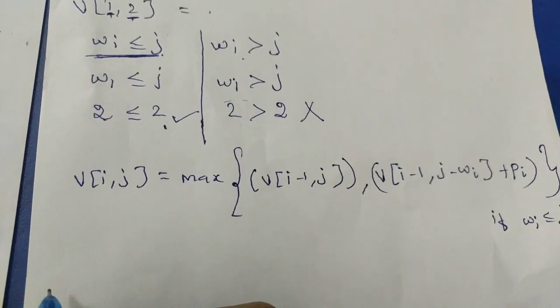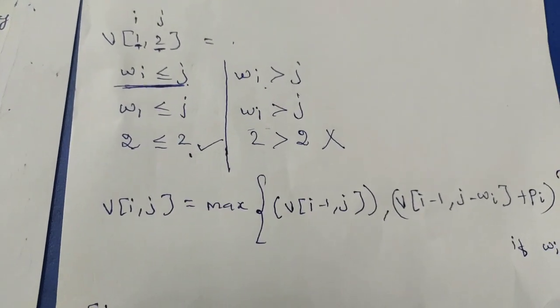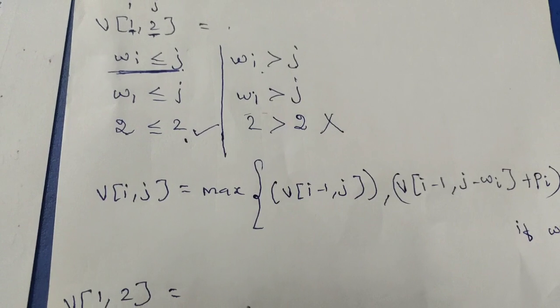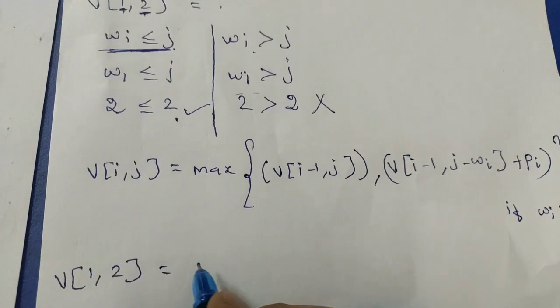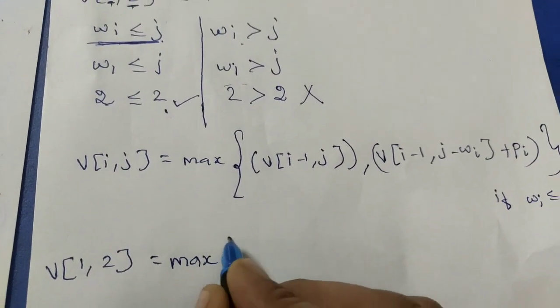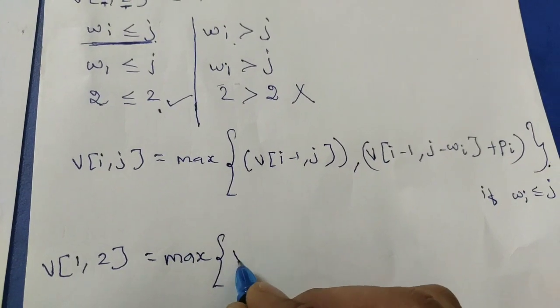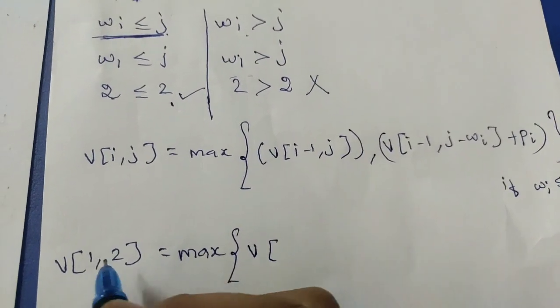So here V of what is the I value? 1, j value is 2, V of 1 comma 2, maximum of V of I minus 1 comma j.